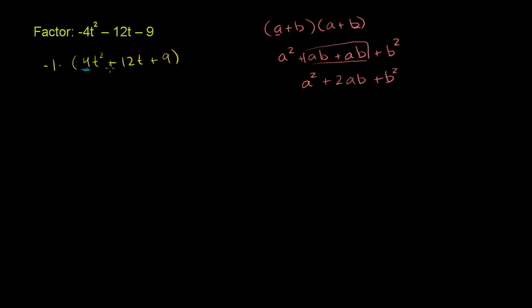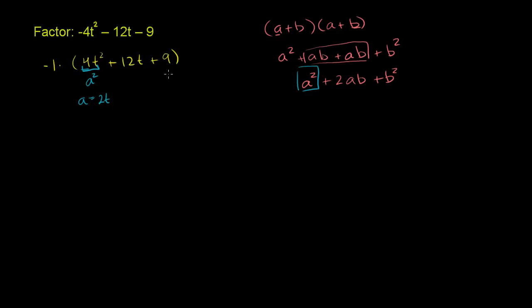Now, does 4t squared plus 12t plus 9 fit this pattern? Well, if 4t squared is a squared, then a would be equal to the square root of this. It would be 2t.